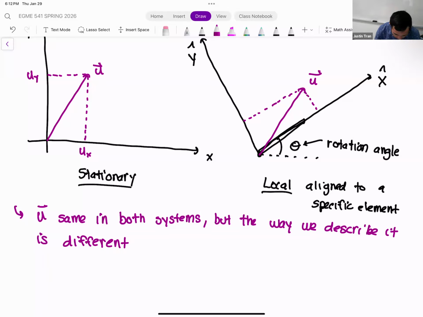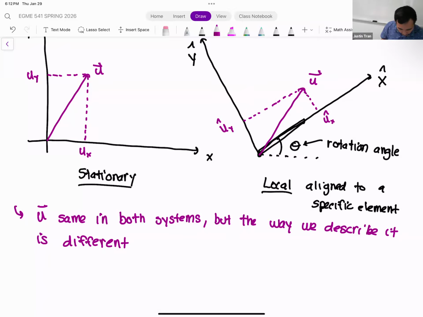In the local coordinate system, we define the x component as ux hat, and in the y direction, uy hat. Same vector, we're just describing it differently. It's like you're looking at the same person, but from the front versus the back. Same person, it's just that you describe it differently because your perspective is different.